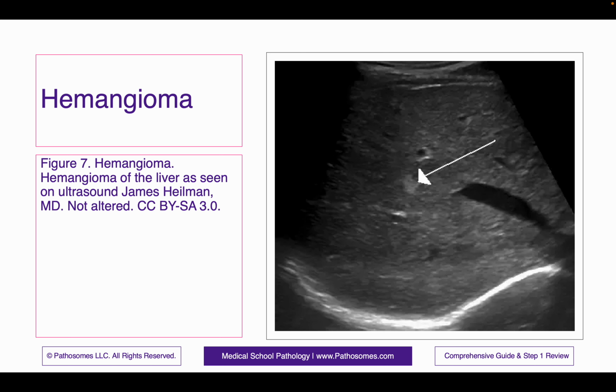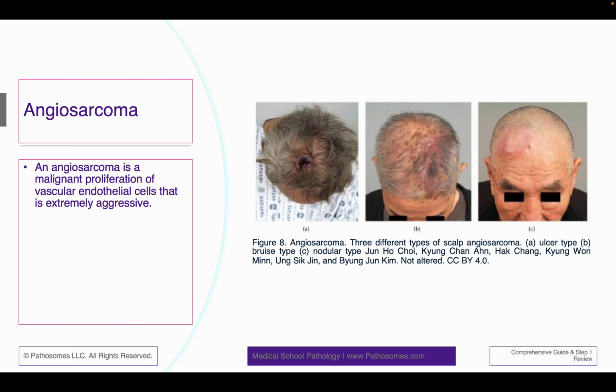Now, we said hemangiomas can occur on the skin and various other organs, most notably the liver. Here we have imaging of a hemangioma of the liver, seen here on ultrasound.